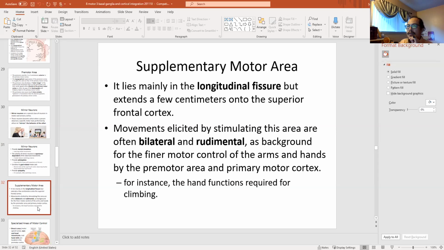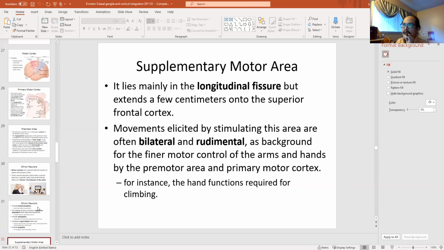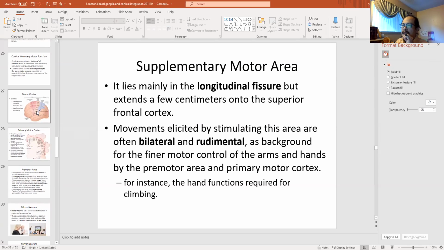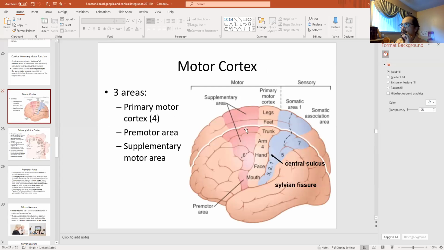In the premotor area. And another region is the supplementary motor area. The supplementary motor area is also anterior to the primary motor area. This region is mainly located in the longitudinal fissure, folded over here, as you can see.